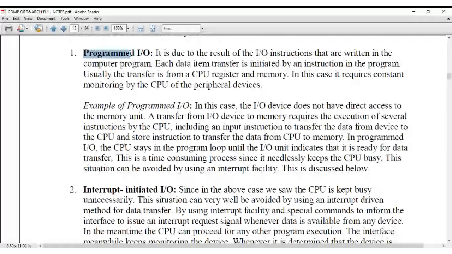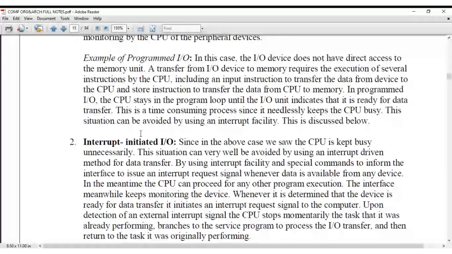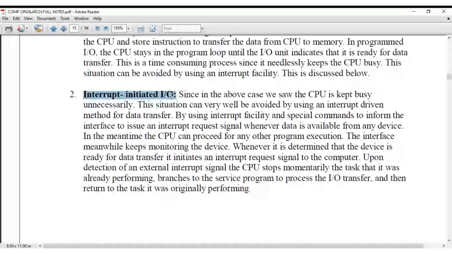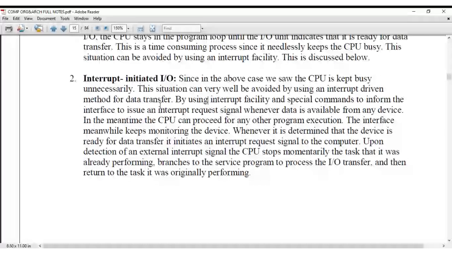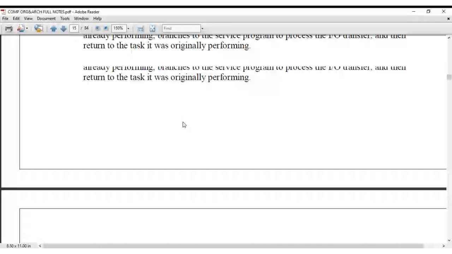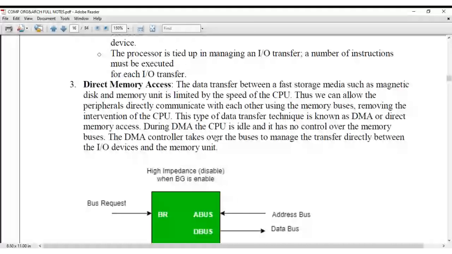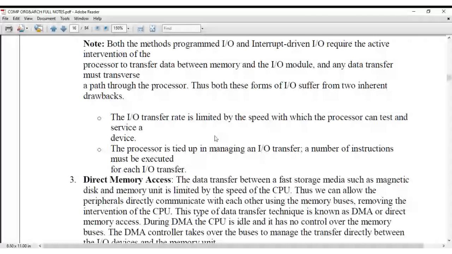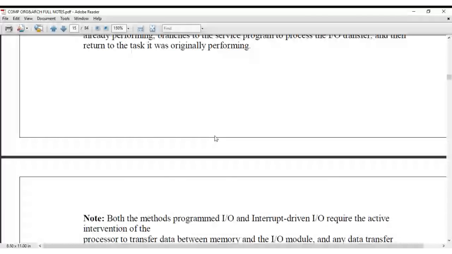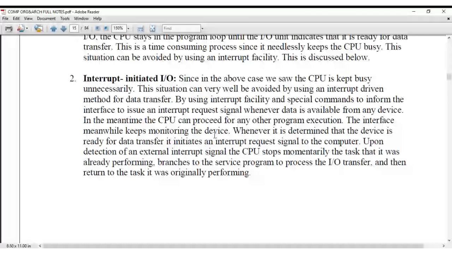Then we go to interrupt initiated or interrupt driven I/O. The first thing to understand before we discuss it is what an interrupt is. An interrupt is an activity that is considered high priority during a lesser priority activity.